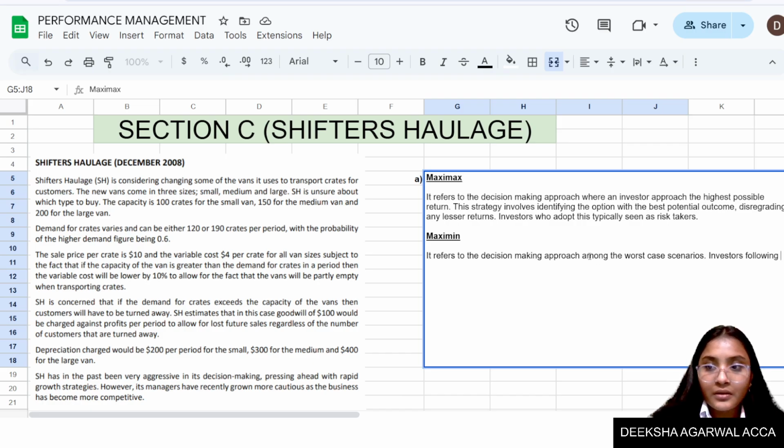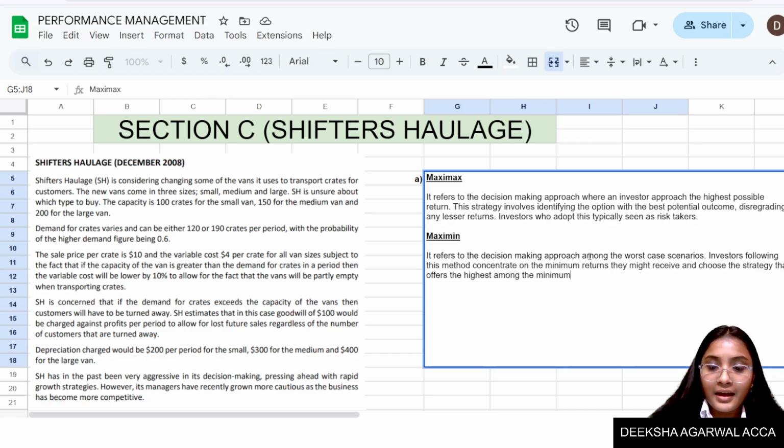Investors following this method concentrate on the minimum returns they might receive and choose the strategy that offers the highest among the minimum.